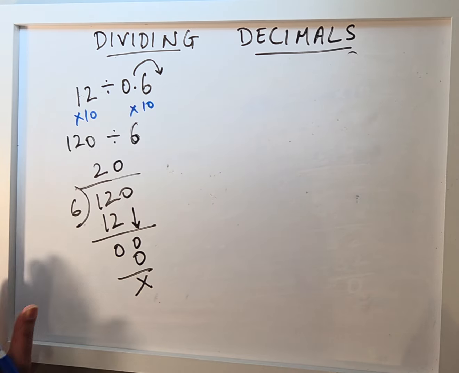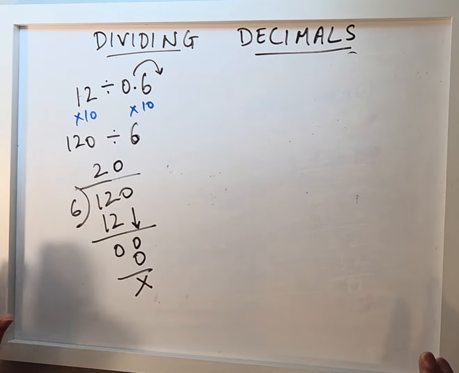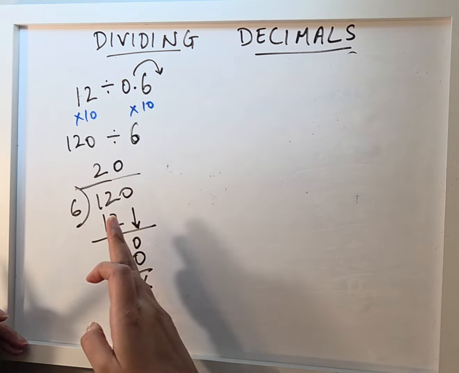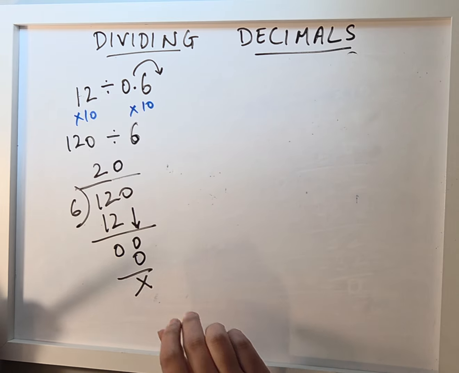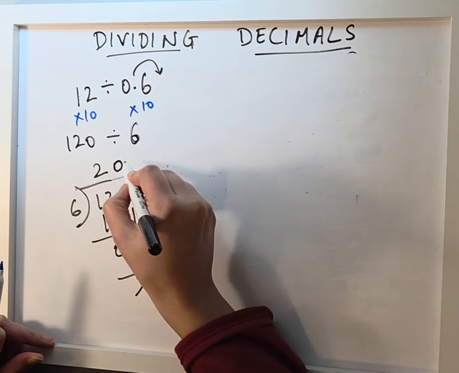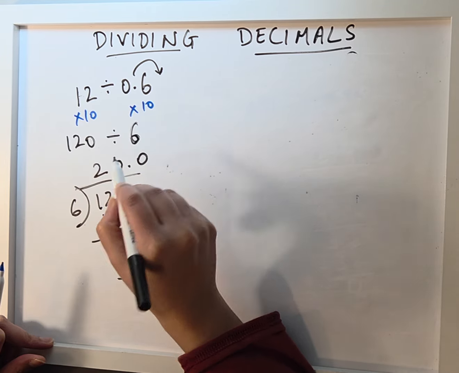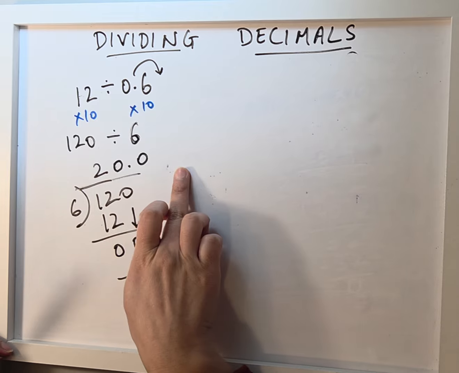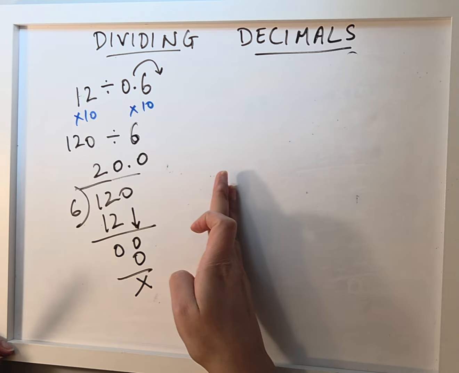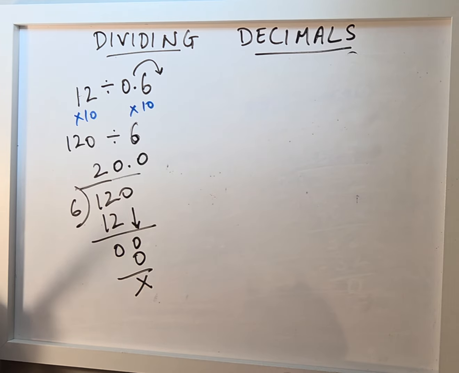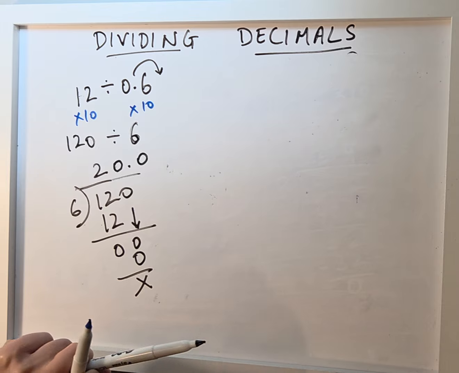And we get the answer as 20. So it's not always that in the quotient we'll get a decimal as well. But if you want, you can also write it as 20.0, because we've learned that the trailing zeros behind the decimal do not add any value to the number. It does not change its value.